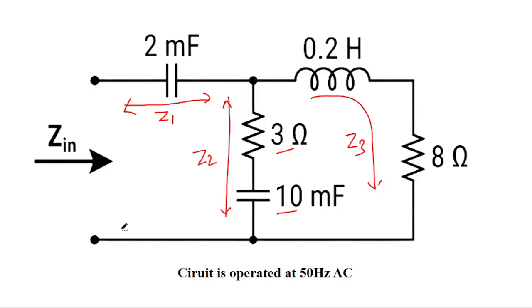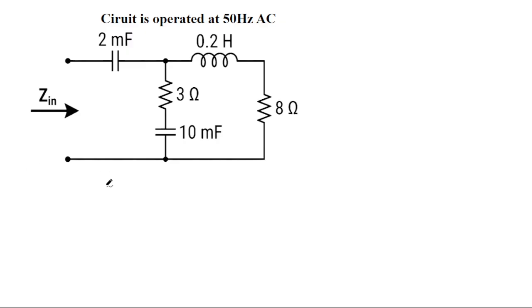So this circuit can basically be visualized as three impedances, where Z2 and Z3 are connected in parallel, and Z1 is connected in series with the parallel combination of Z2 and Z3. So this circuit can be redrawn like this. Let me redraw it. This is the first impedance Z1, then you have a second impedance here, and then a third impedance here.